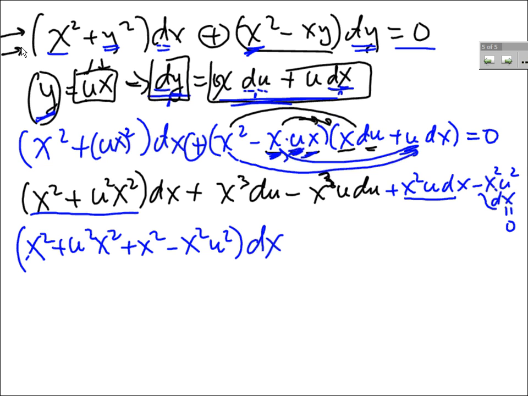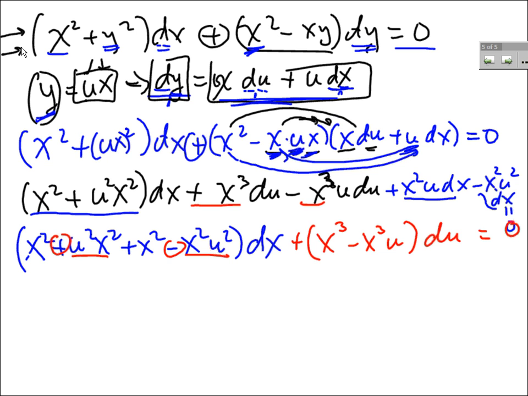Now let's write down the du's: plus x cubed du minus x cubed u du, and it equals 0. Okay. Now, u squared x squared is the same as x squared u squared. We're adding it, and then we're taking away. That part cancels. That part cancels. Kind of surprises me, but it cancels.